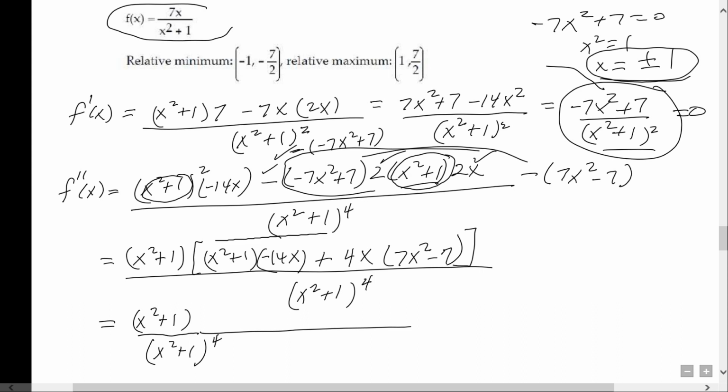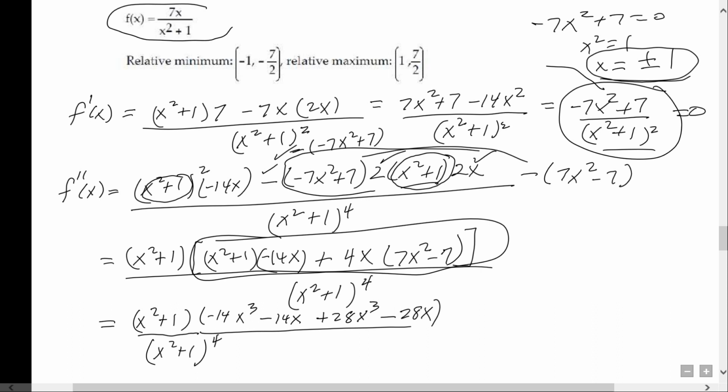And what is going to determine the sign of the second derivative is this term, which we need to multiply out, which is going to be minus 14x cubed minus 14x plus 28x cubed minus 28x.